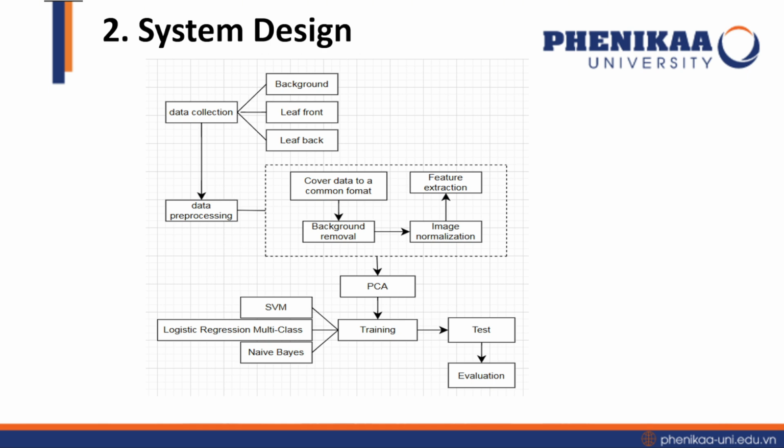The processed data is then used to train classification models, including SVM, Naive Bayes, and logistic regression. Finally, the trained models are evaluated using metrics such as accuracy, precision, recall, F1 score, confusion matrix, AUC, and ROC.